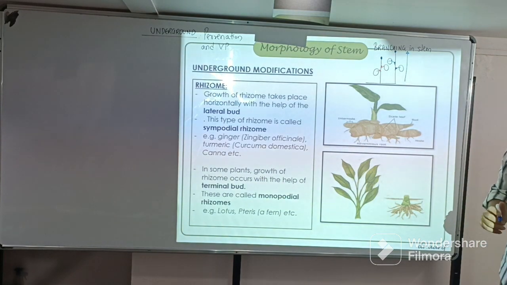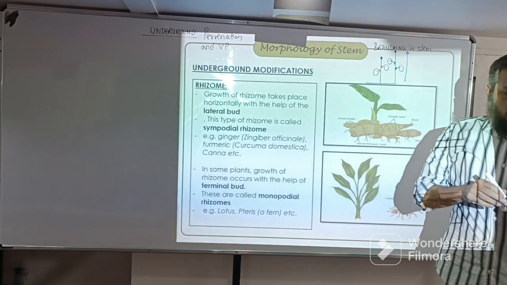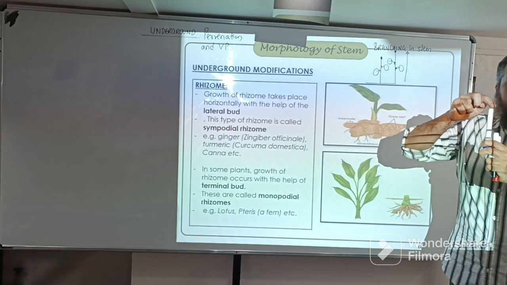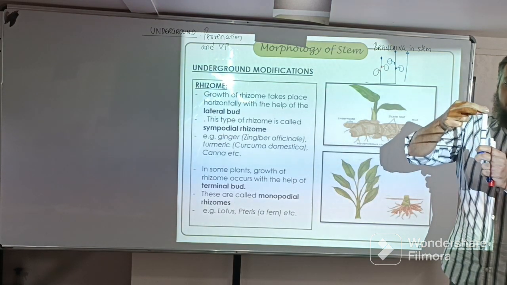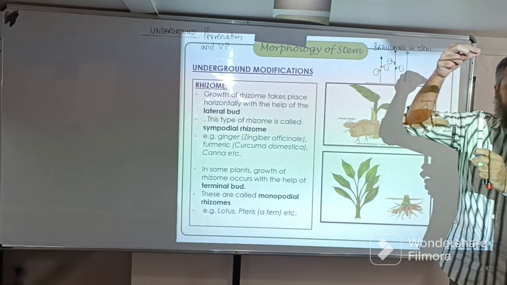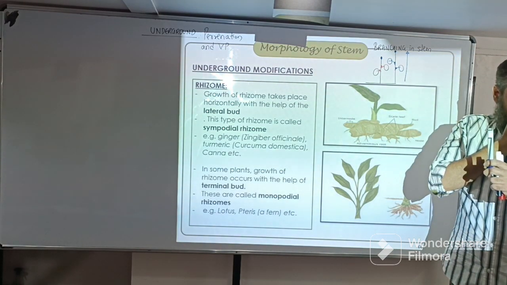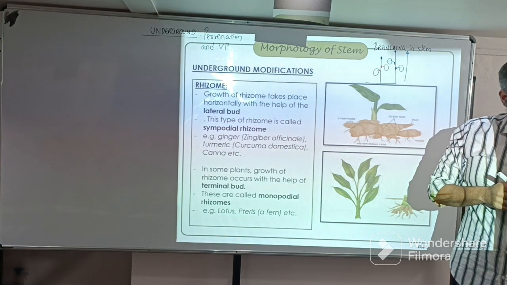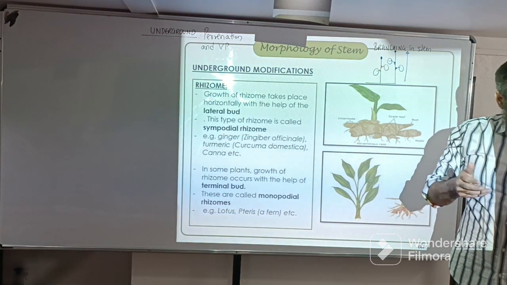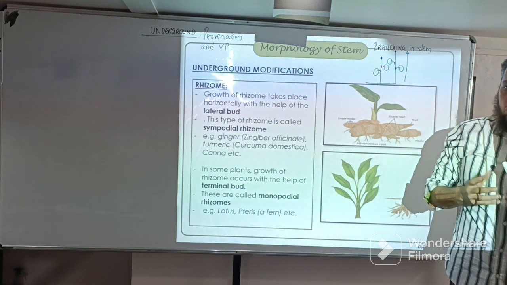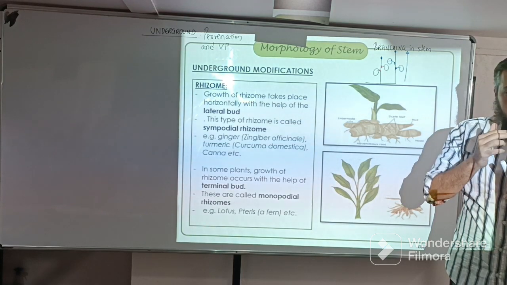What's my point? Because the growth of the stem is occurring from which bud? Apical bud. So the stem will keep on increasing in its height, and you will not find any lateral branches. Do you find any lateral branches in a coconut palm? Give me yes or no? No. Who said yes? Who sees side branches in a coconut tree?